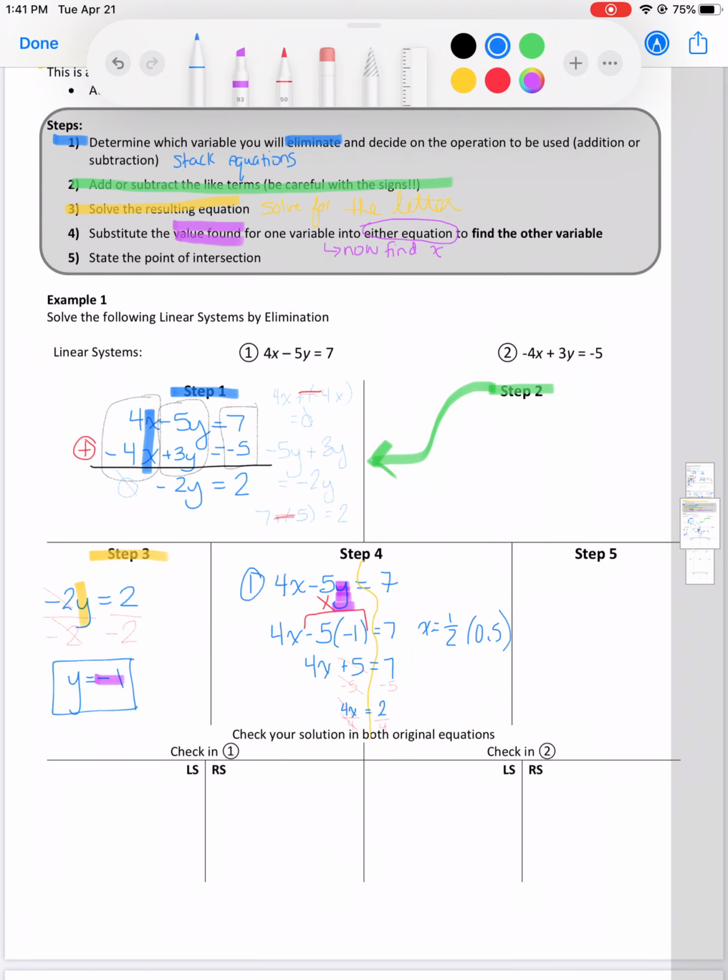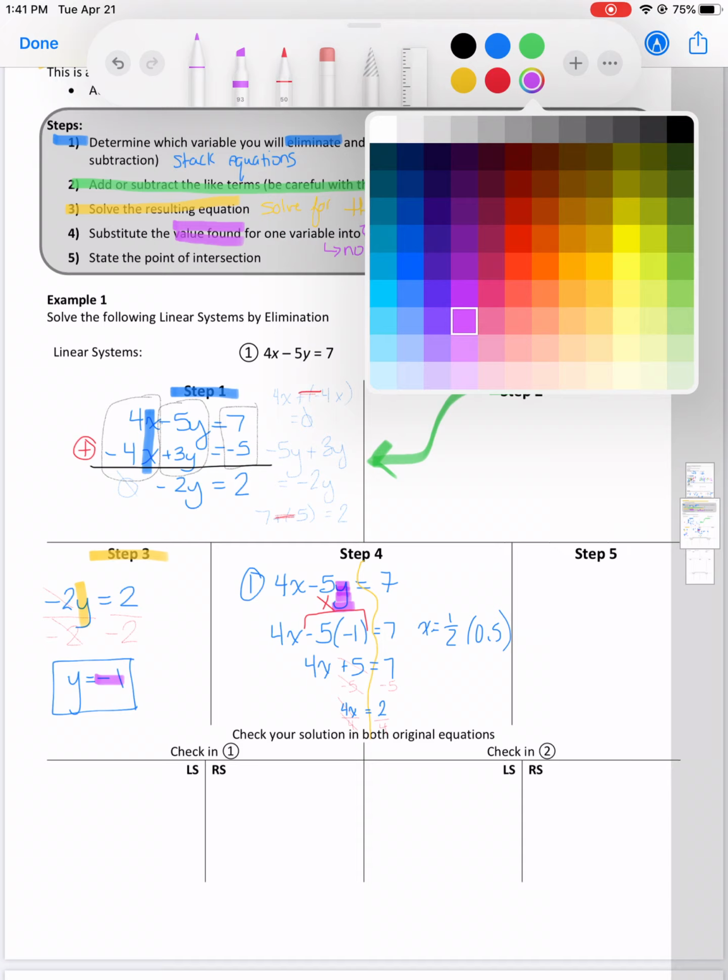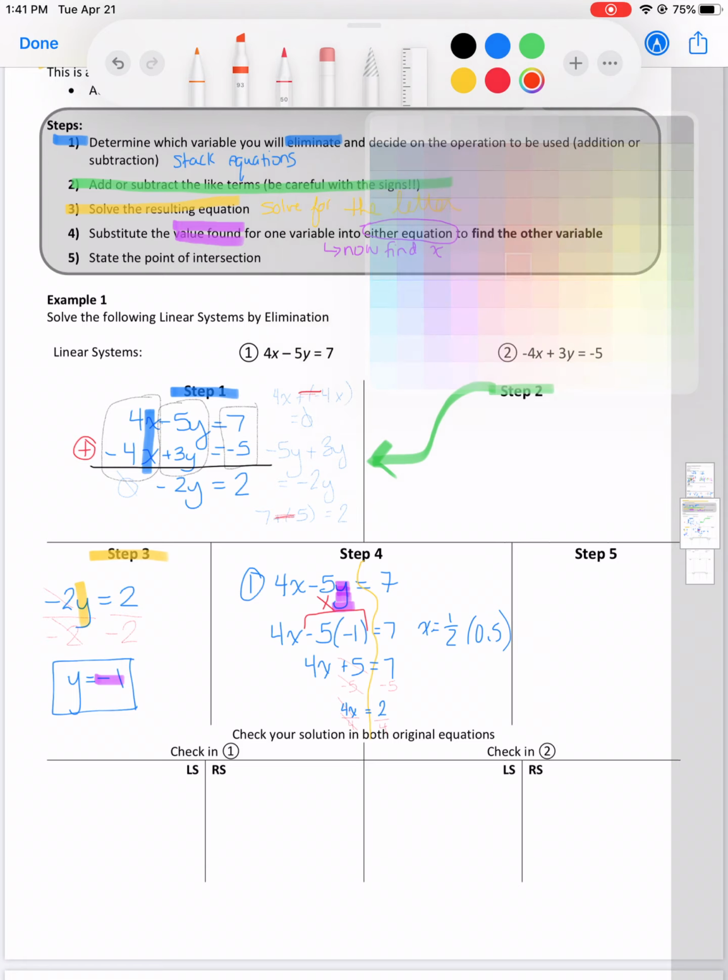So here it says state the point of intersection. Oops, I forgot that I changed it. POI.